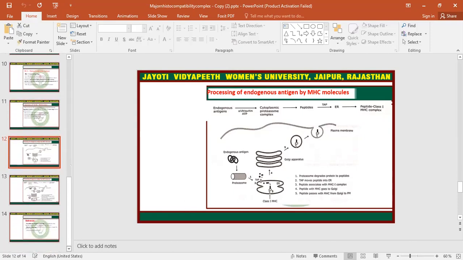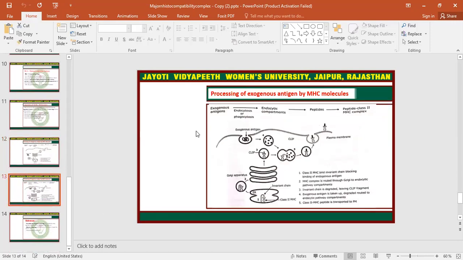Now processing of the exogenous antigen. First, an exogenous antigen will come and it will be phagocytosed by a phagocytic cell or antigen presenting cell. Then this antigen will be digested by some lysosome, and a phagolysosome complex will be formed.